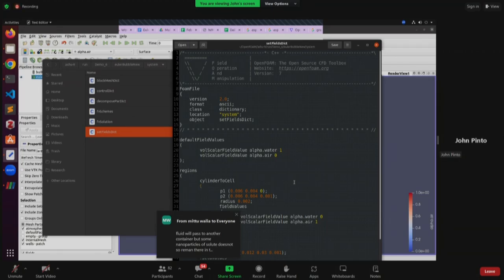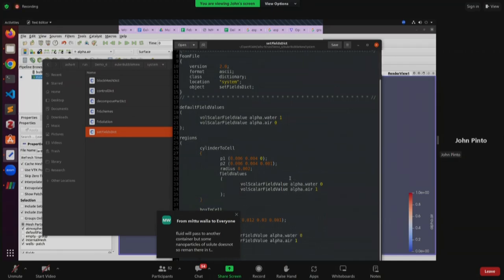Now, in certain regions where we want, say, a bubble, or this is not exactly a bubble, but the region with air, we are calling the region cylinderToCell. That means all the cells that come within this cylinder, we will assign values alpha.air as 1. That means we will assign that region to be air.